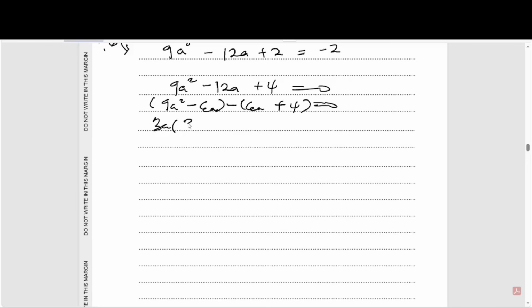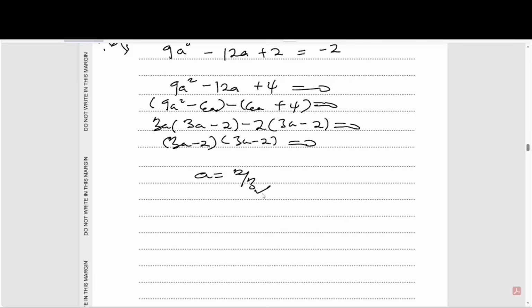I have again 3a here minus 2. Then 2 is a factor. 3a minus 2 is equal to 0. So you have 3a minus 2 and then another 3a minus 2 equal to 0. And from both of them, you find that a is equal to 2 over 3, repeated. That's the value of a.